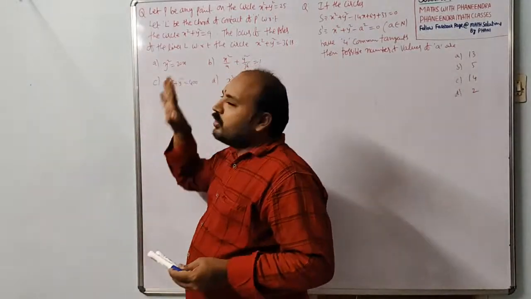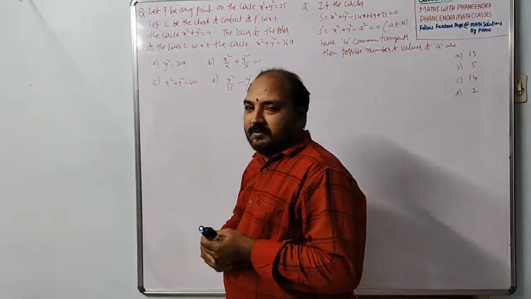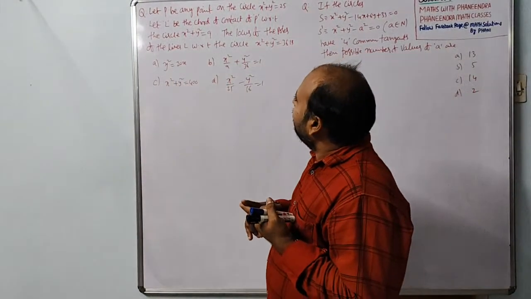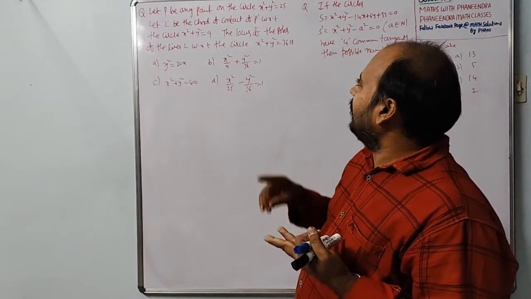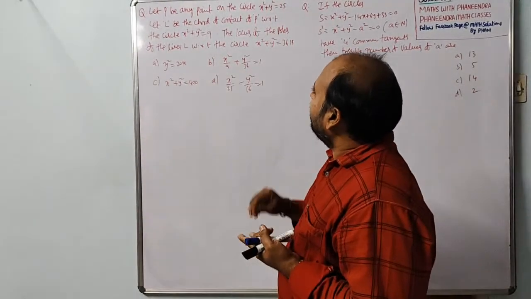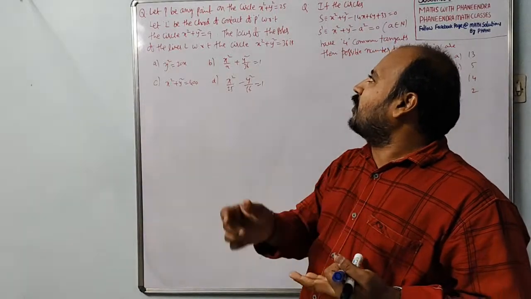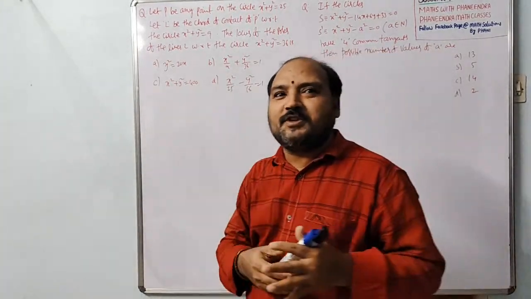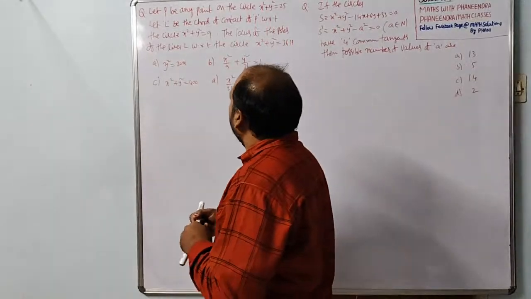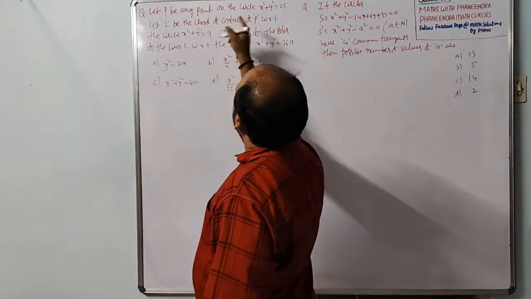See, the one way we can approach to solve these type of problems: in that only chord of contact is there, in that only poles is there, that means polar equation will be there, chord of contact is there. Like this it will be a little confusing, no? So what I am doing is, here, let P be any point.